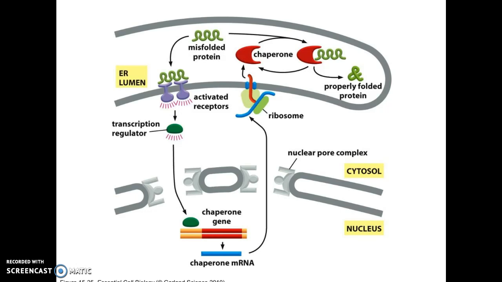After transcription, the mRNA will lead to more chaperone proteins being made, and those extra chaperone proteins will clear the misfolded protein. So this is called the misfolded protein response, and it upregulates these heat shock proteins or chaperone proteins in response to an excess of misfolded proteins.